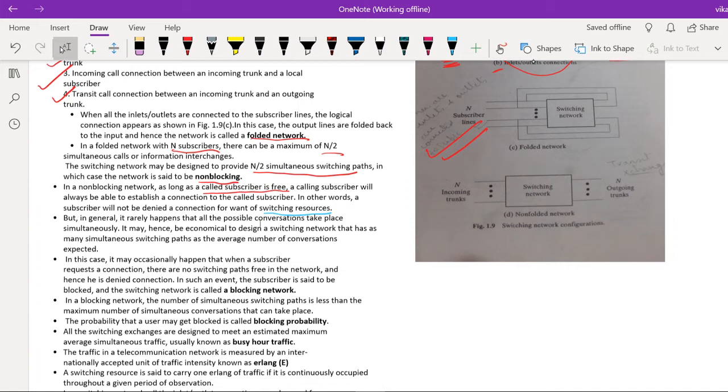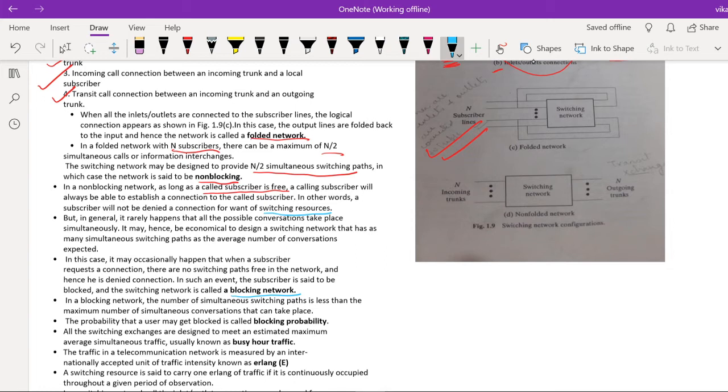Certain design parameters are taken under consideration to check the maximum number of calls which are handled by this exchange at a particular instance of time. And that number of calls is taken as the number of paths which are given as a resource in a switching system. And such type of an exchange is called a blocking network.